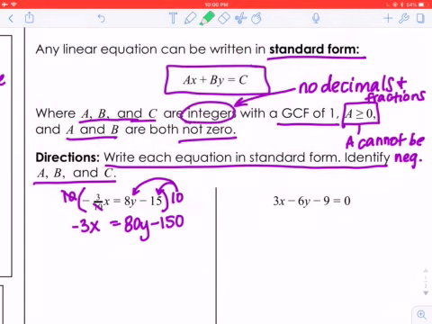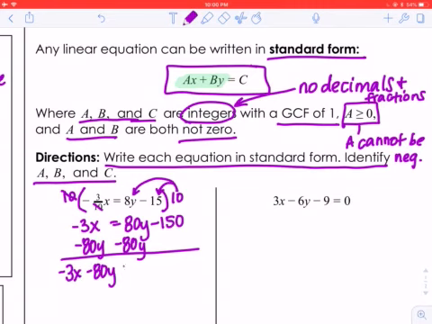I see here that the x's and the y's need to be on the same side. So I'm going to move the 80y to the other side, just like that. So I'm going to have negative 3x minus 80y equals negative 150.